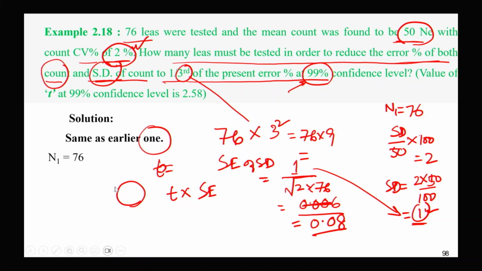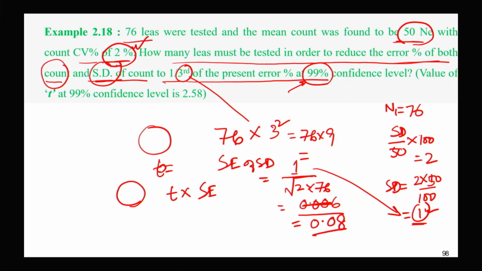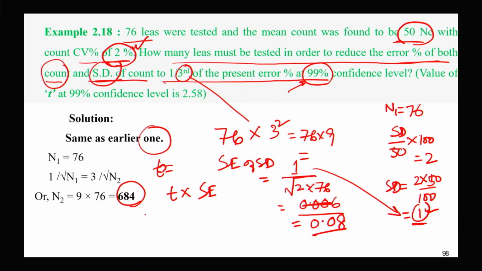Now using a similar treatment here for standard deviation, 1.96 was the t value at 95% level. So at 99% level, the t value will be 2.5458, t multiplied by standard error.